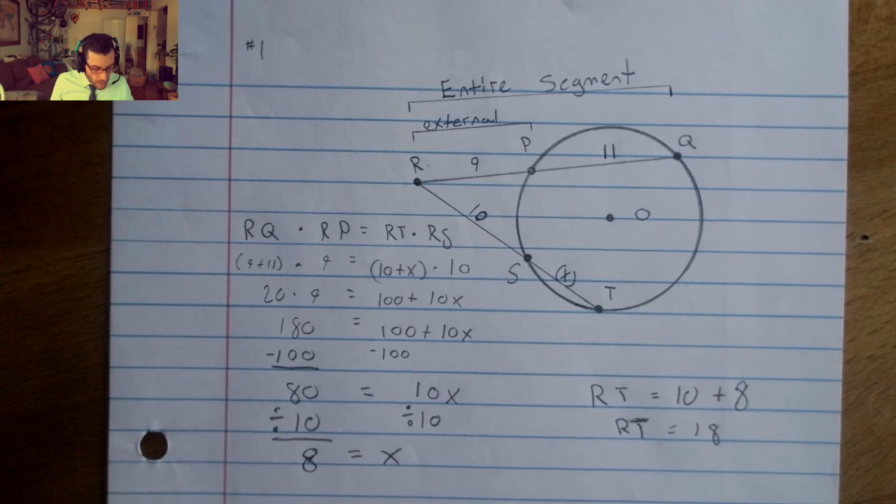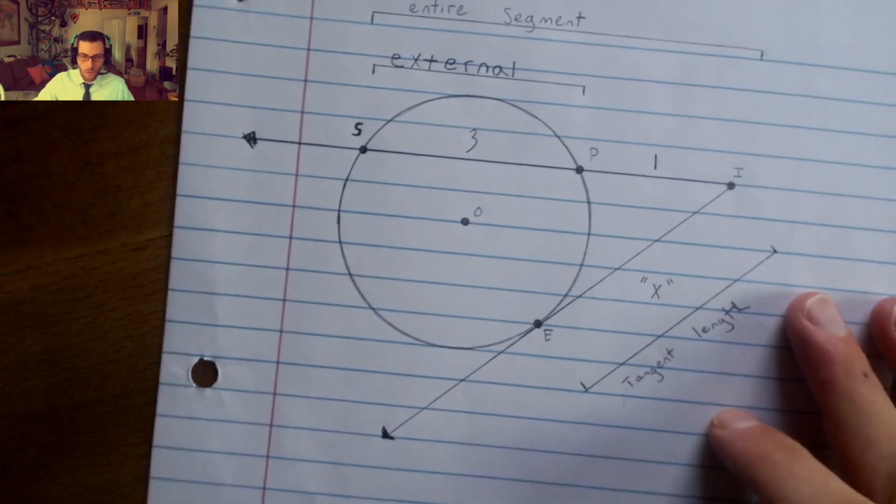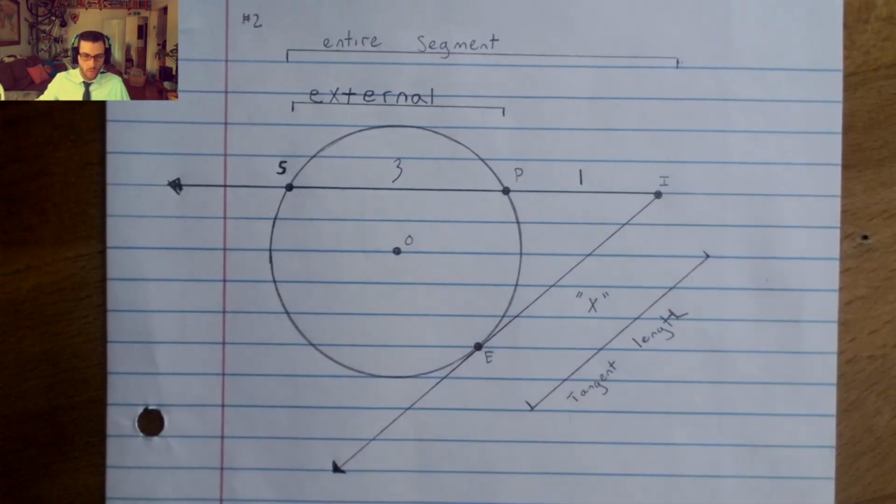The next question we're going to look at is our secant tangent. So I have this one drawn up for you. We got points S-O-P-I-E, Sophie. It's the name of a famous mathematician during the post-French Revolution era.